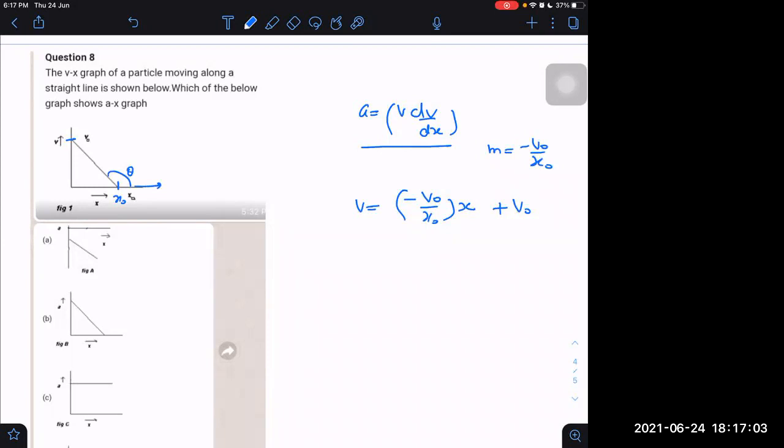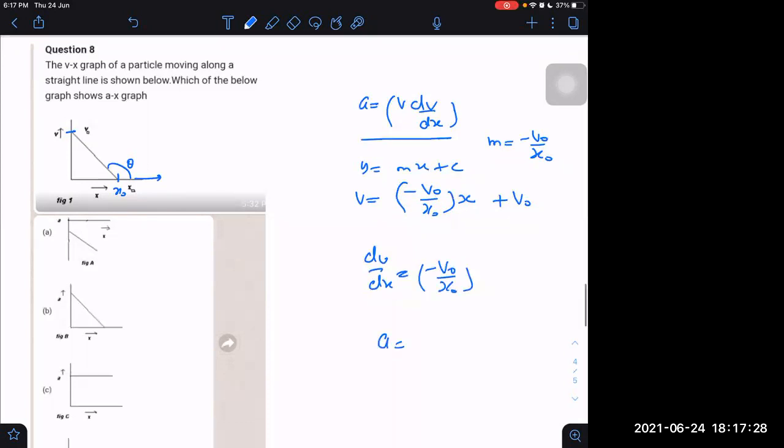Okay. Second thing is, what else? C. C is this y-intercept. Y-intercept is c. So we are getting this equation: y equal to m into x plus c. After that, find dv by dx. What is dv by dx? That is equal to minus v naught by x naught.